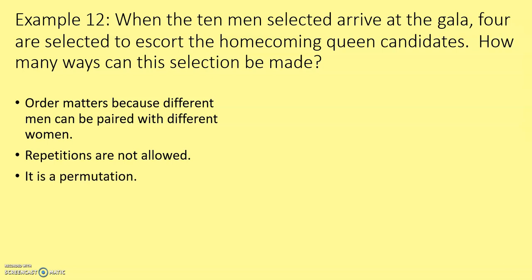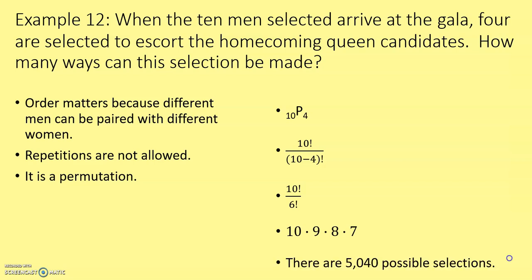It is a permutation. 10 things taken 4 at a time. 10 factorial divided by 10 minus 4 factorial. 10 factorial divided by 6 factorial. 10 times 9 times 8 times 7. There are 5,040 possible selections.